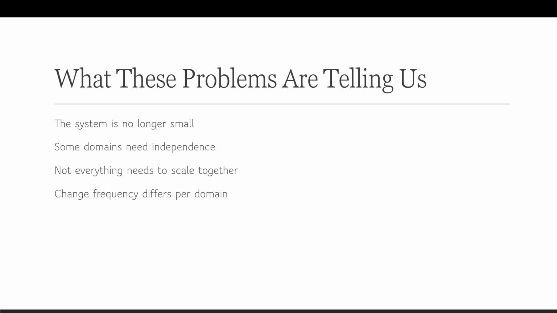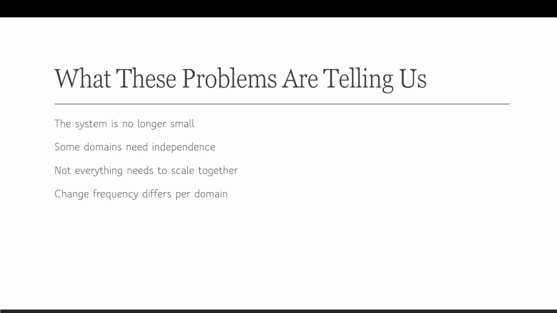These problems are telling us the system is no longer small. Our application here is a bit small and not production ready, but we are experimenting and trying to see what sort of problems we face when the system scales and goes bigger, and how we are going to change a monolith to a microservices-based architecture. Even some domains need independence, as I just said.